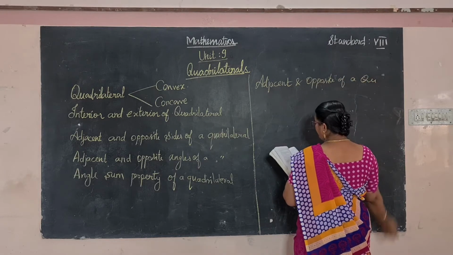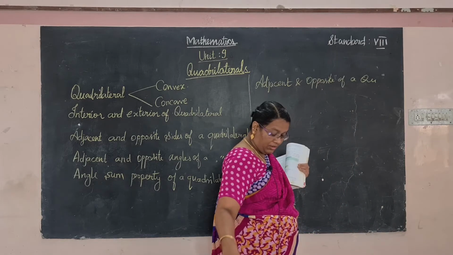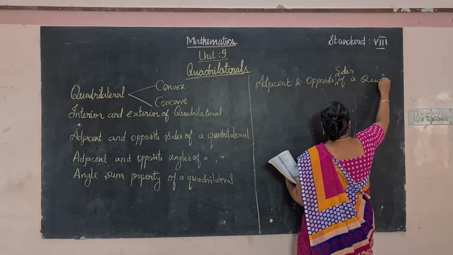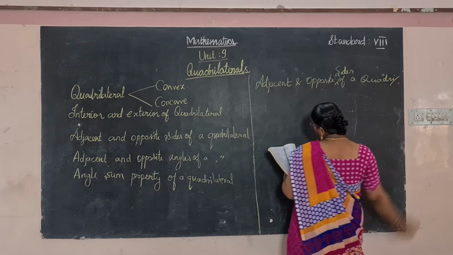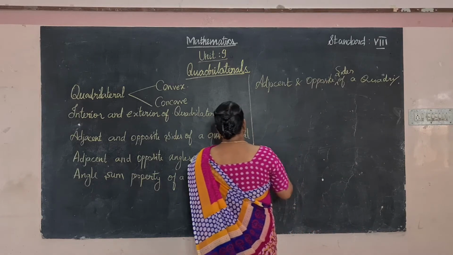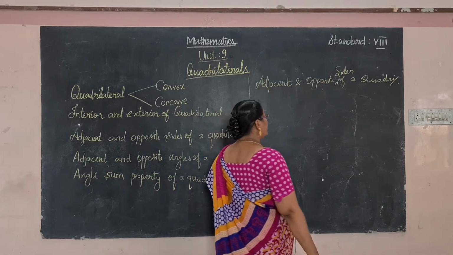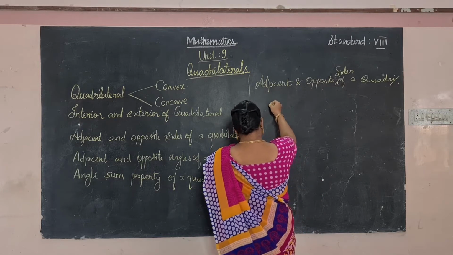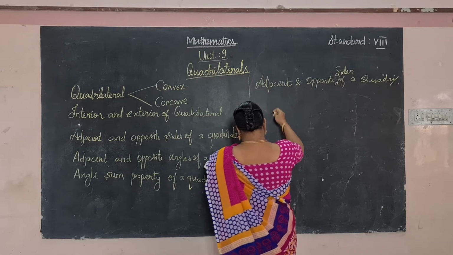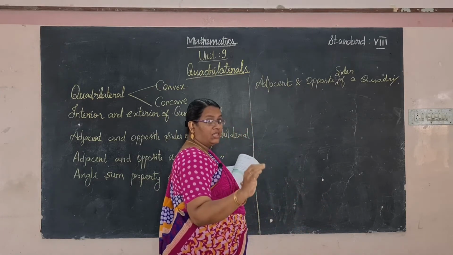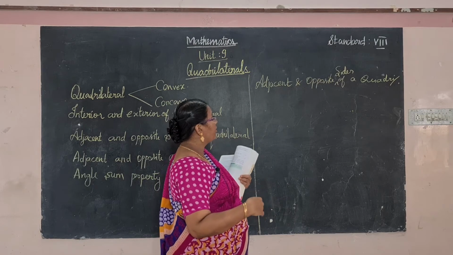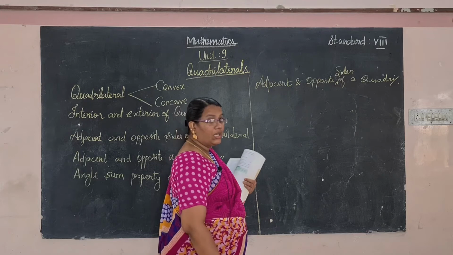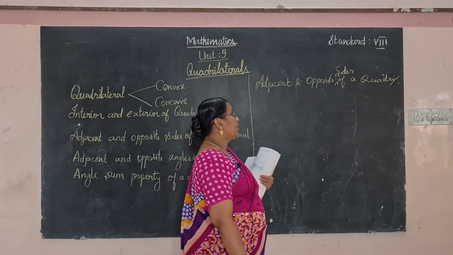Two sides of the quadrilateral which do not have a common vertex are called the opposite sides of the quadrilateral. Sides having a common vertex are called the adjacent sides of the quadrilateral.